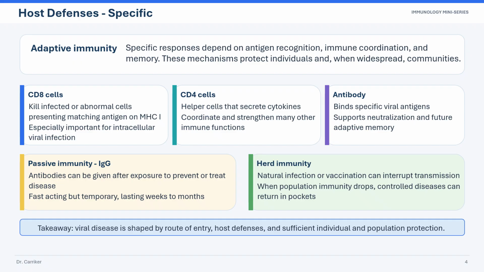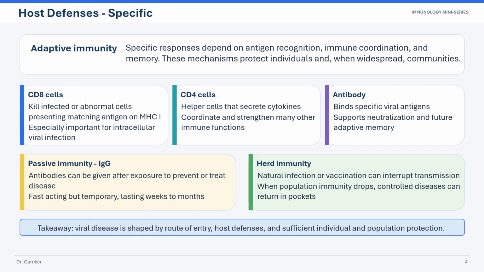This is where MHC1 matters. Almost all nucleated cells display MHC1 on their surface. MHC1 acts like a display platform. If a cell is infected, pieces of viral protein can be presented on MHC1.